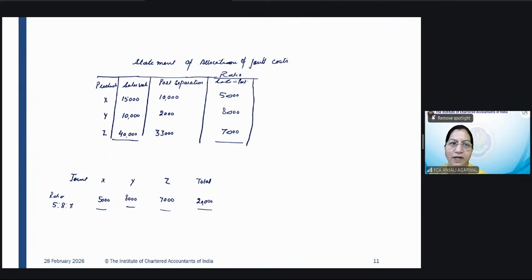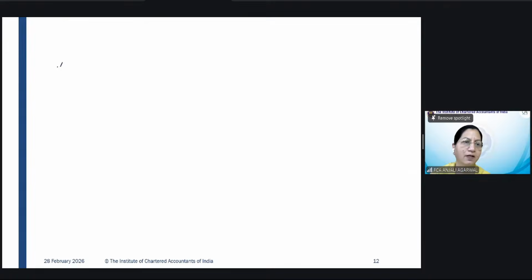But here, X, Y, Z, all three do not seem to have any profit element, or any selling and distribution expenses. So if profits are also mentioned, continuing with the same example, and if selling expenses and post separation costs are also mentioned, all three are mentioned, right?